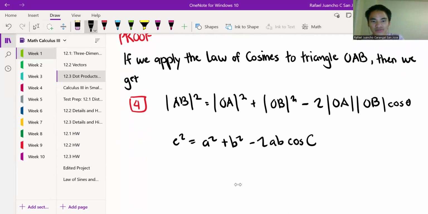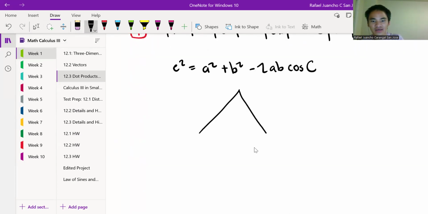And this is true if, let's say, we have a triangle with sides a, b, c, and we want to find the angle of c, which is theta, right?